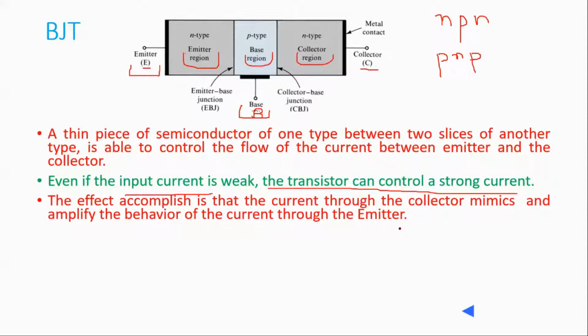These points need to be discussed in the coming slides. That means whatever current you get from the emitter will be received at the collector, but the base will have some good control over the current. How it will control, we will discuss in the coming slides.